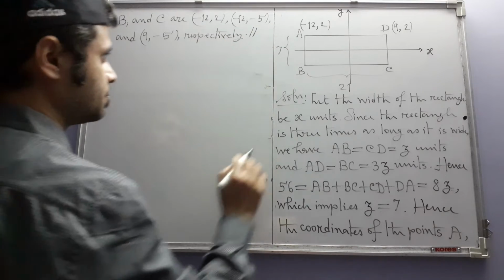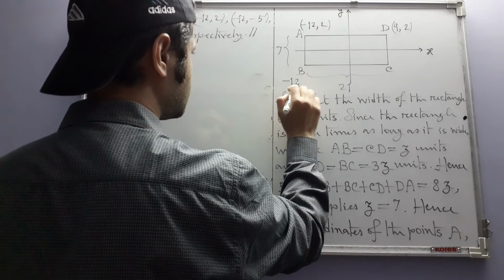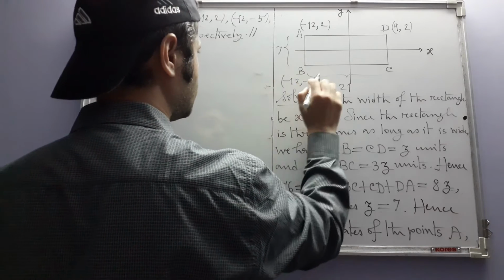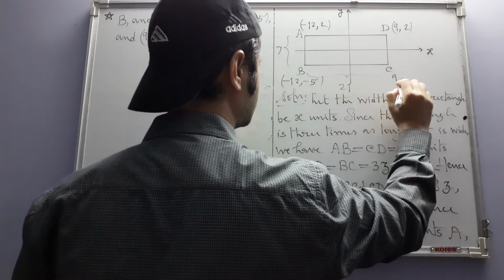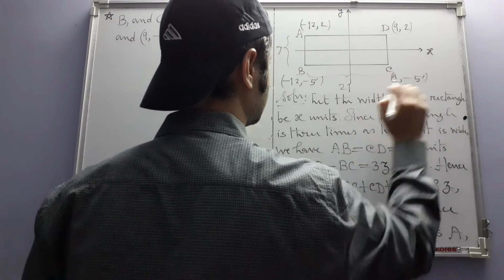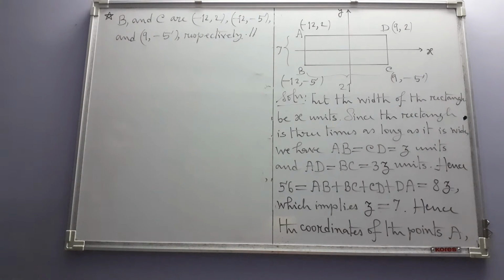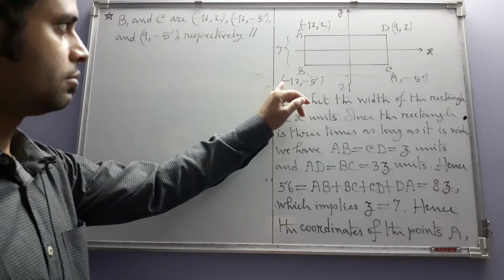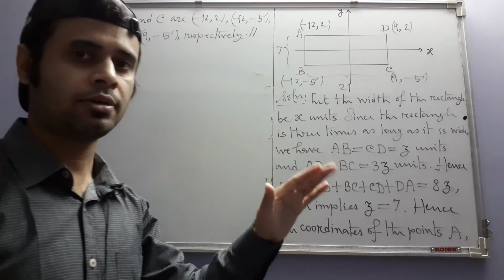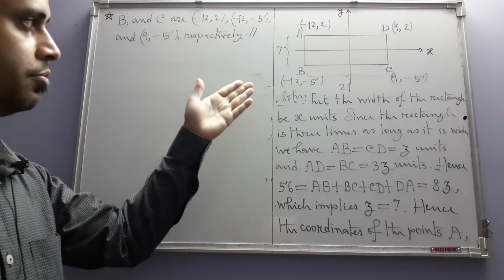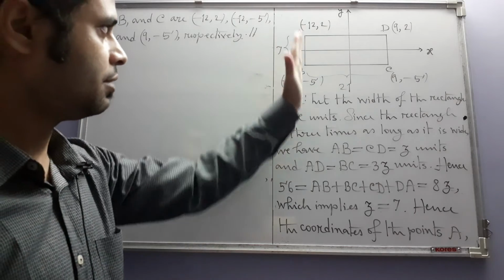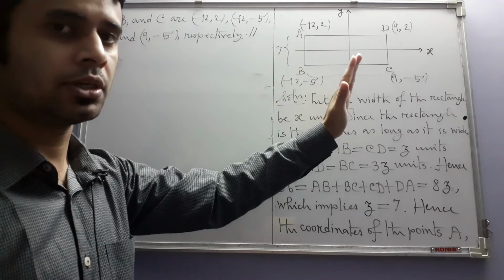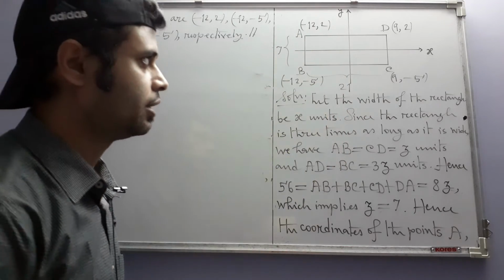Respectively. This is minus 12 minus 5 and this is 9 minus 5. This B and C should have the same y coordinate, yes, A and B should have the same x coordinate and like that.